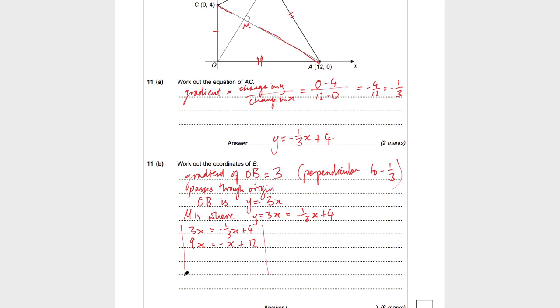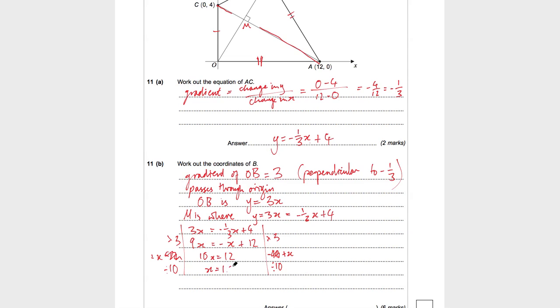I should really multiply by 3 there to make sure I don't go wrong with that. And then I'm going to subtract 12. No, I'm not. I'm going to add x to both sides. That's 10x equals 12. Divide by 10.